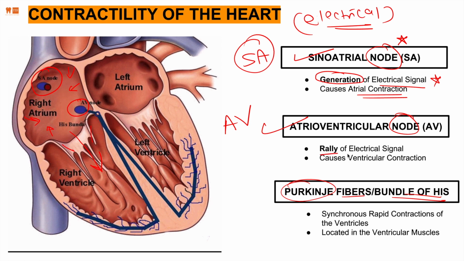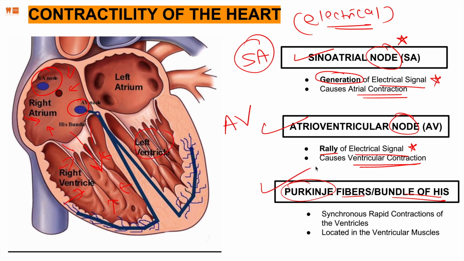It's a relay of electrical signals. It will relay the SA node signals through the entire heart, causing ventricular contraction. What happens in ventricular contraction? It lets the blood from the ventricle exit using these semilunar valves, such as aortic valve in the case of left ventricle. Fair enough? Perfect.